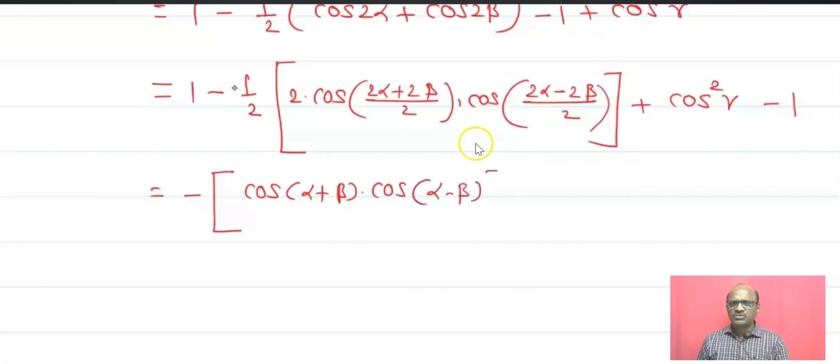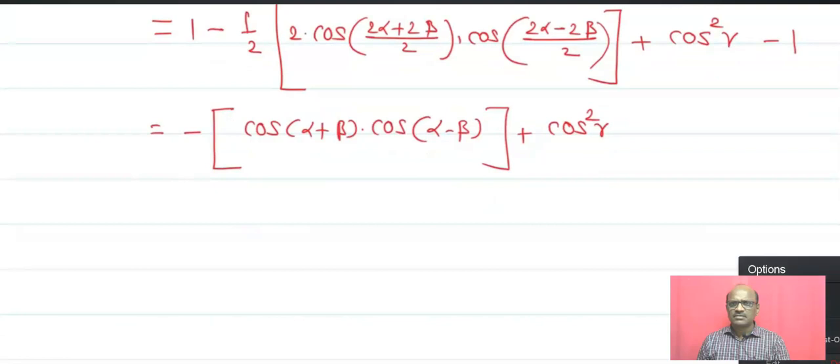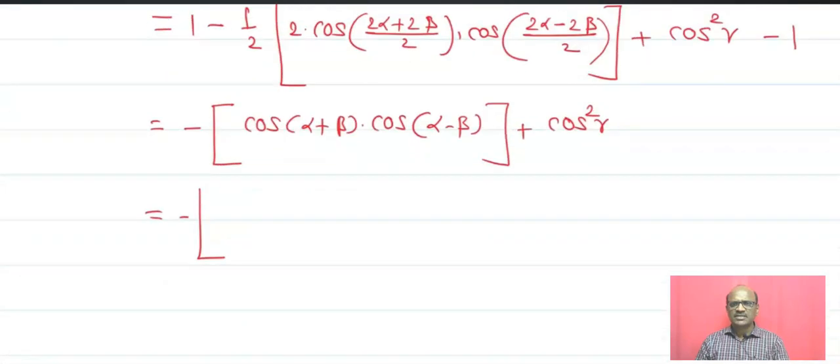Now out of these two terms, the plus 1 and minus 1 get cancelled. 2 alpha plus 2 beta divided by 2, and 2 alpha minus 2 beta divided by 2, you will get alpha plus beta and alpha minus beta.